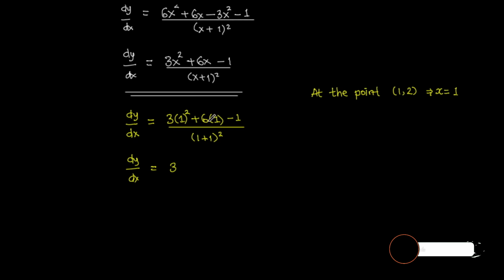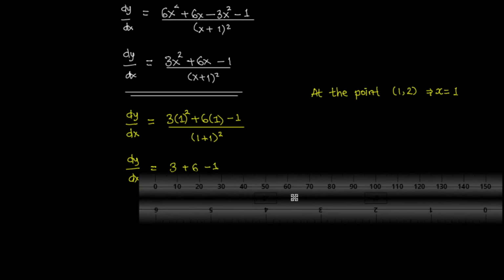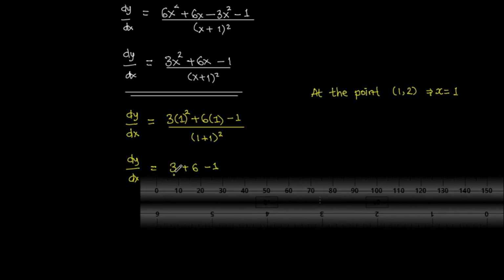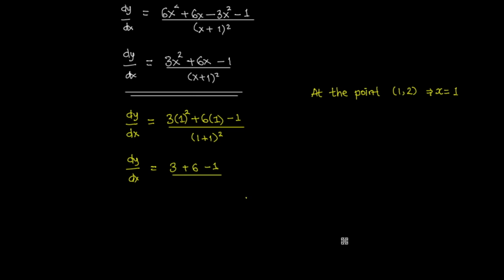The second term we have 6 times 1, and that is 6 positive, and we copy also our negative 1 down here. And then from the numerator we can go ahead and simplify it, where we have 3 plus 6, that is 9, and 9 minus 1, we get 8 in the numerator.